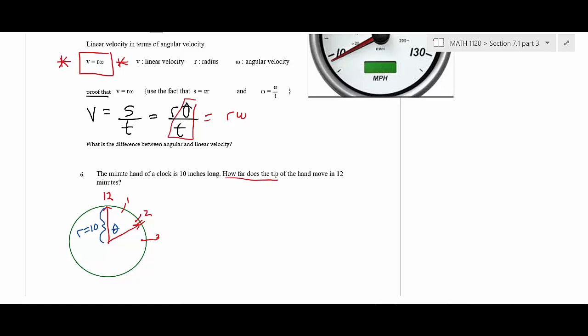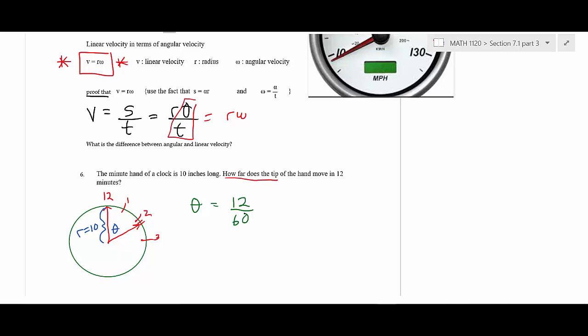So the way I'm going to think about this is that theta is really this: it's gone through 12 parts of 60, right? So it's gone through a fractional part of a whole rotation of a circle. I'm using 60 because there are 60 minutes in an hour. So that's 12/60ths. Now we're going to convert that to radians.